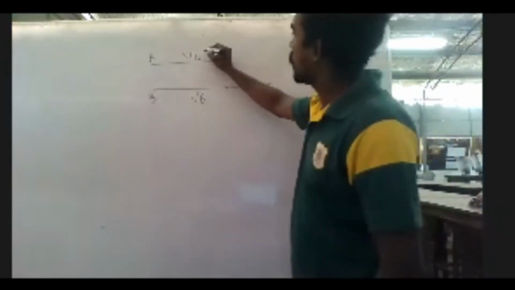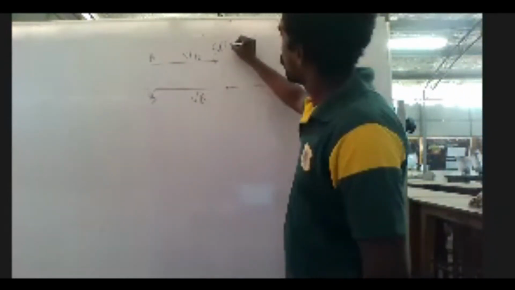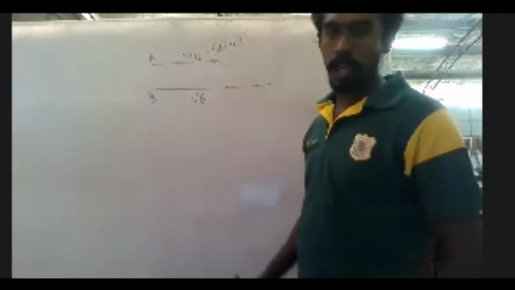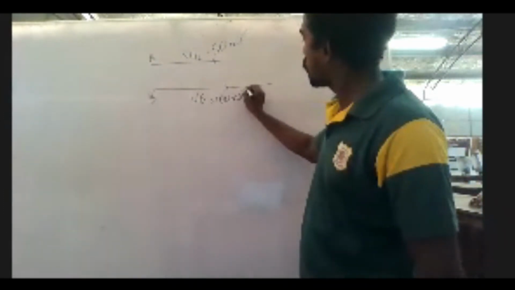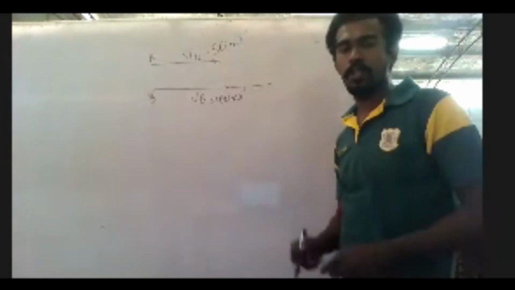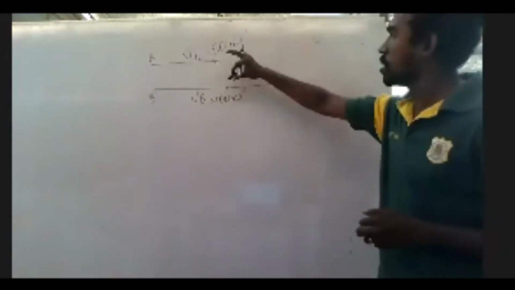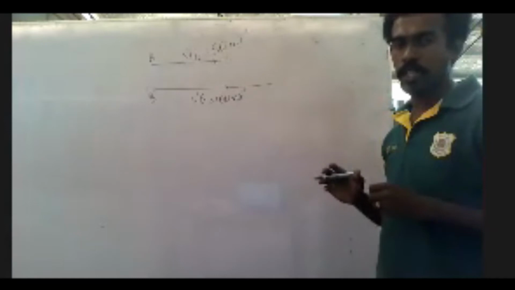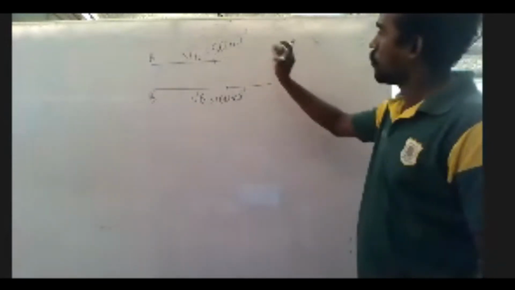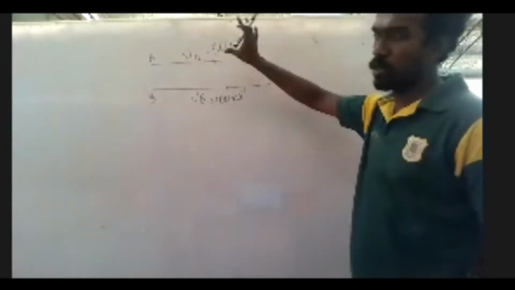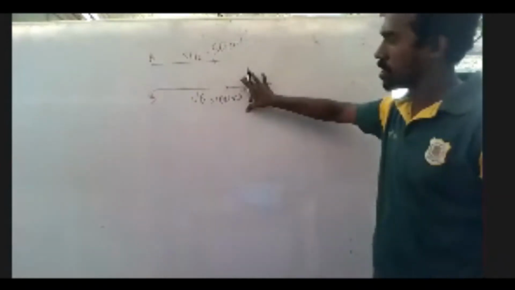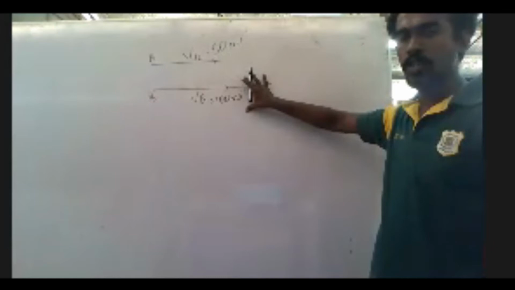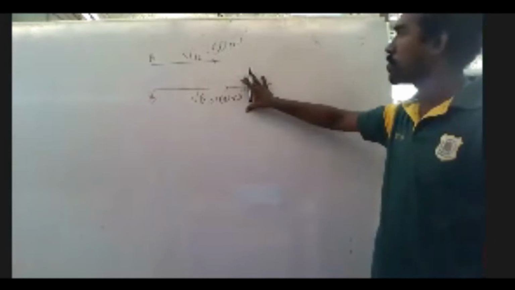Say, for example, the velocity of A is 50 meters per second and the velocity of B is 100 meters per second. We need to find the relative velocity between these two bodies. In order to find that, we give a velocity equal to either this or this, relative to which we are going to find the relative velocity.